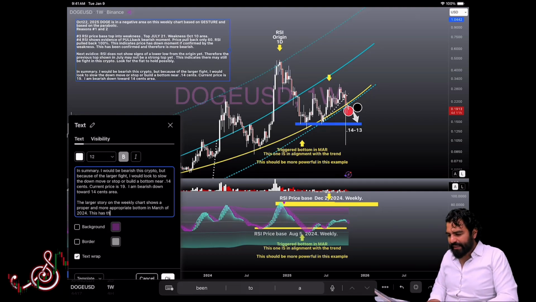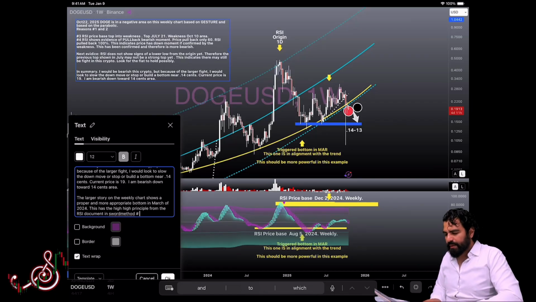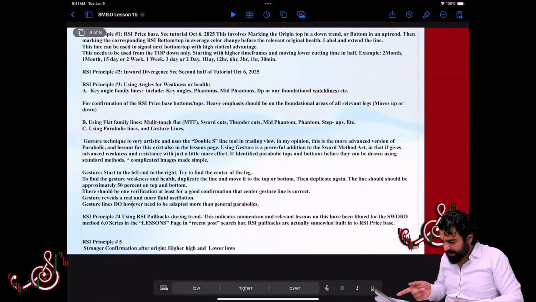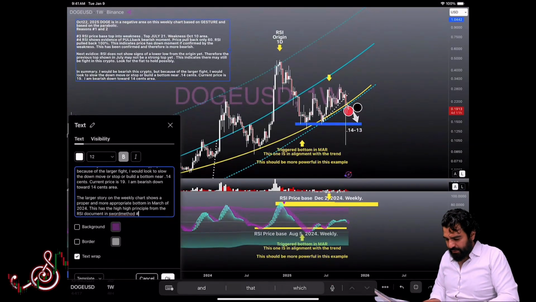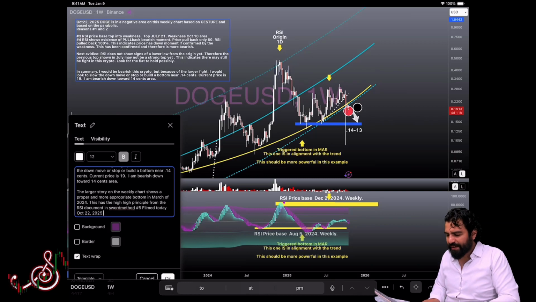This has the higher high principle from the RSI document in Sword Method. And what was the lesson for today? This is the higher high principle number 5, filmed today, October 22nd, 2025, in the lessons.